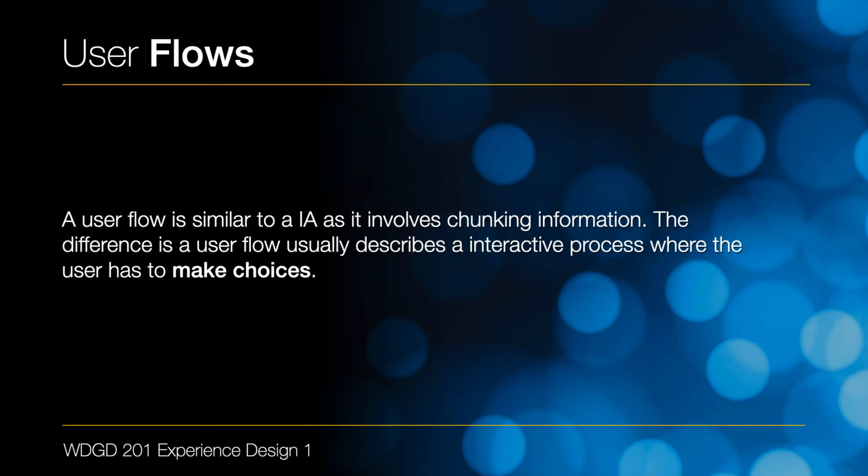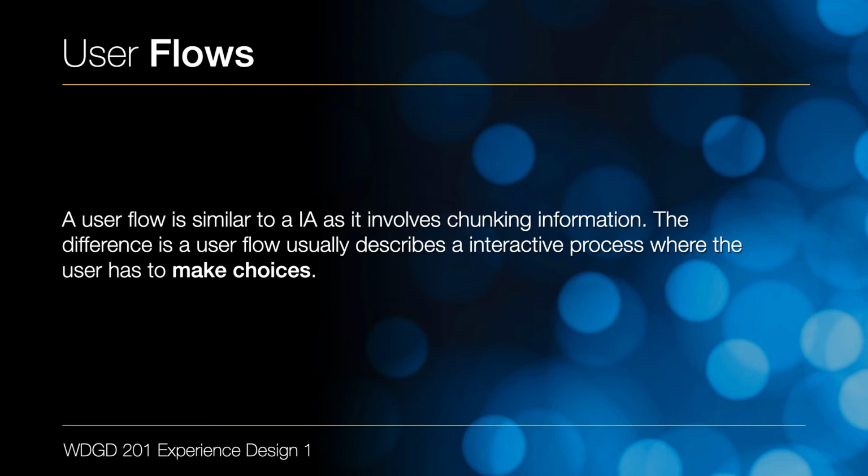So user flows are similar to information architecture in that they're usually abstract. They use boxes to indicate steps, and on the website you may have one page, but there might be 3 steps on one page. So in the information architecture, those blocks indicate categories.